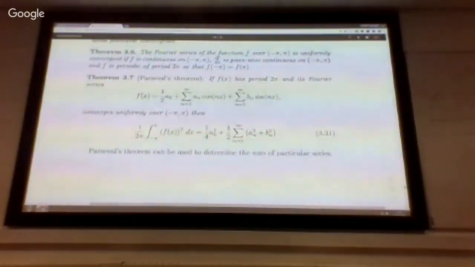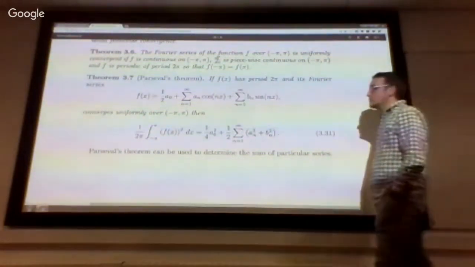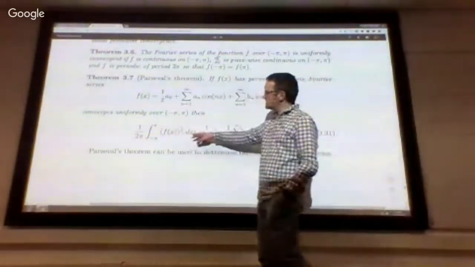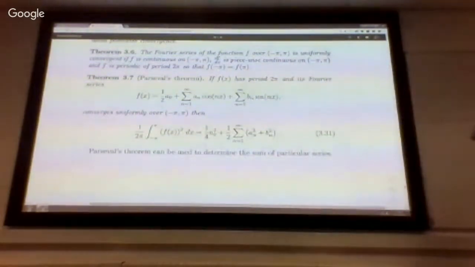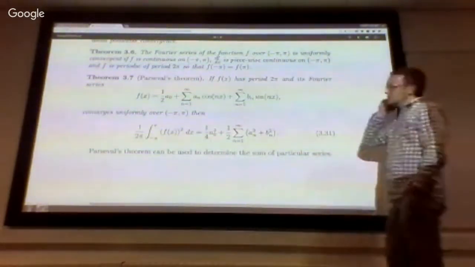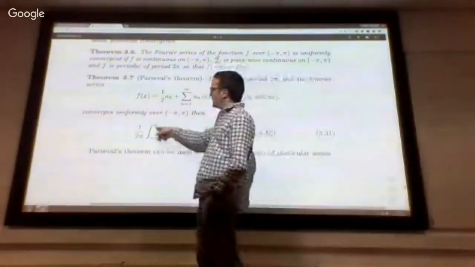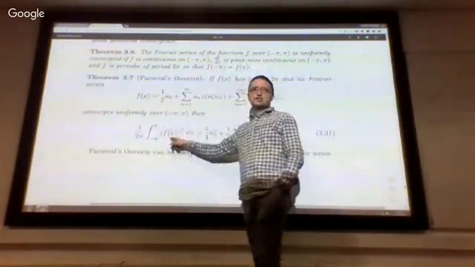And 3.7, our final theorem in this unit, is a nice fact about uniformly convergent Fourier series. If we know that the Fourier series is uniformly convergent, Parseval's theorem gives us this result here, which looks a bit odd, but it's telling us something about the integral of the square of the function.